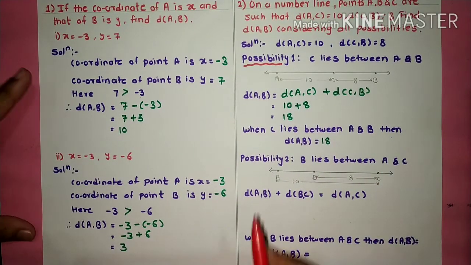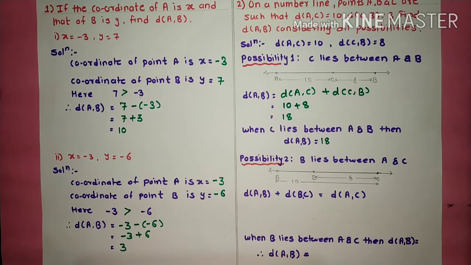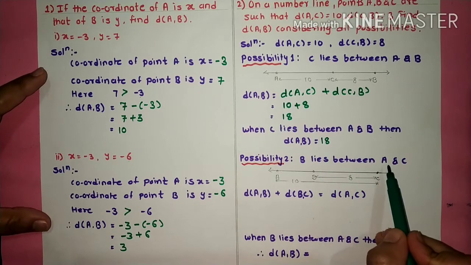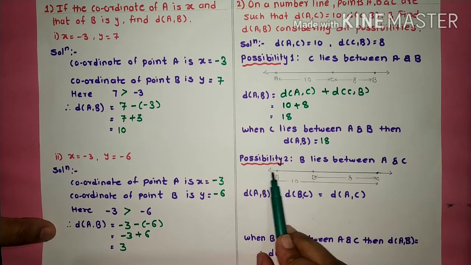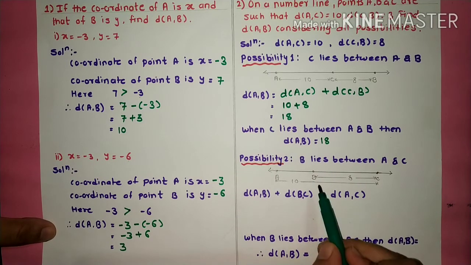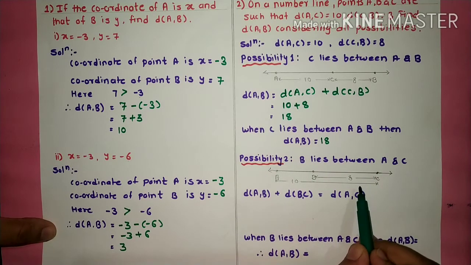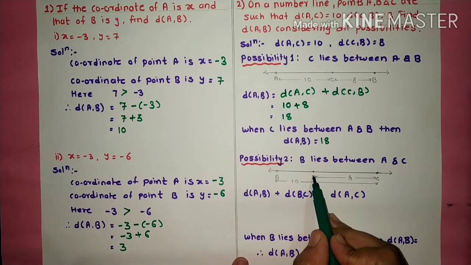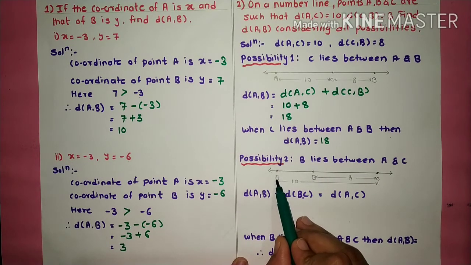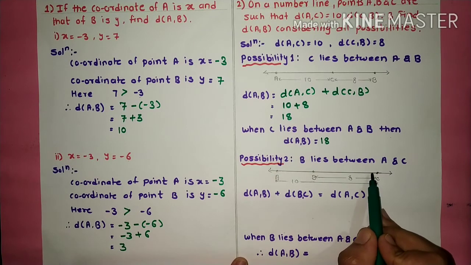Now see the second possibility. Second possibility is B lies between point A and C. Means this is a number line and B lies between point A and C in this way. Here you can see that point B lies between point A and point C. These 3 points are collinear points.